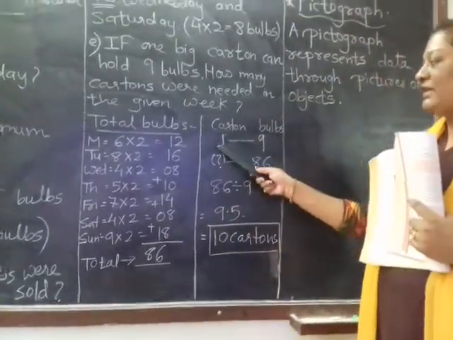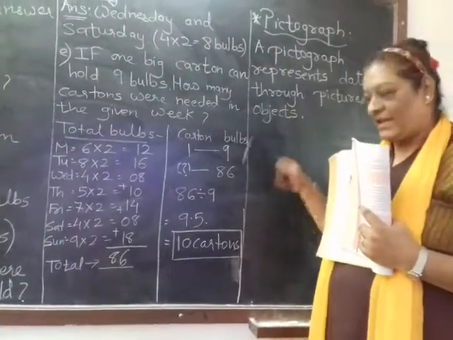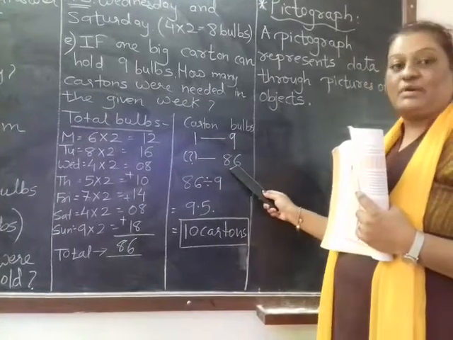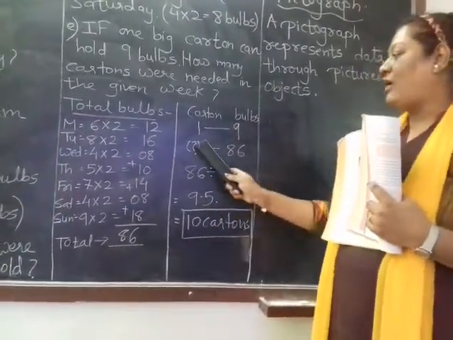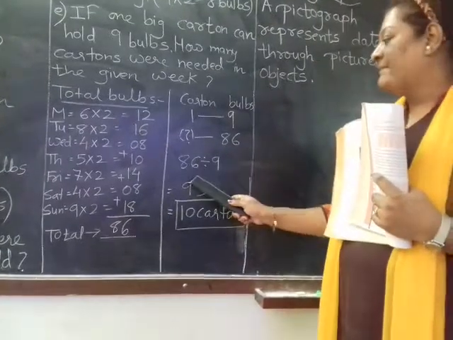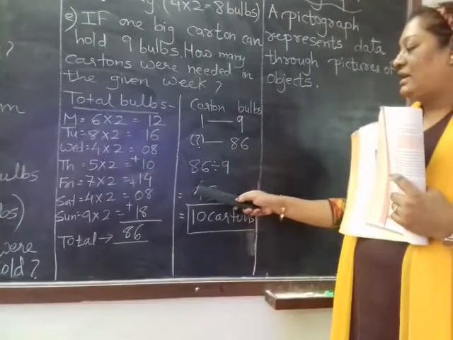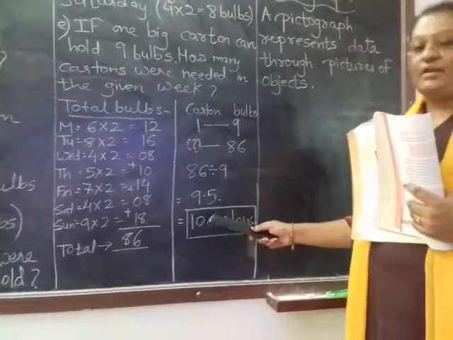Now, if one carton, meaning one box, can hold 9 bulbs, we can keep 9 bulbs in one carton. So we have 86 bulbs with us. How many cartons will be needed? When you divide 86 by 9, the answer is 9.5. But I cannot keep 9.5.